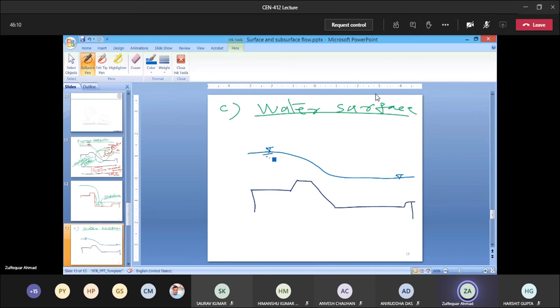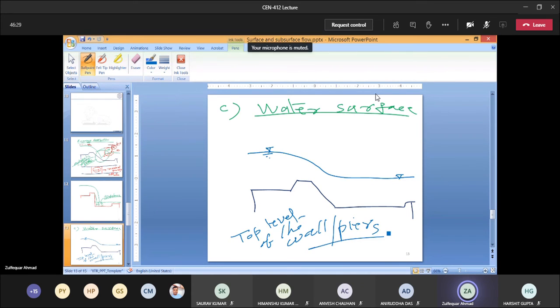The reason behind that is we have to fix the top level of the side wall. The top level of the wall, or you can say abutment, or you can say the piers, right? I mean, the water should not splash over the side wall. For that you should know the water surface. You should know this water surface, okay?